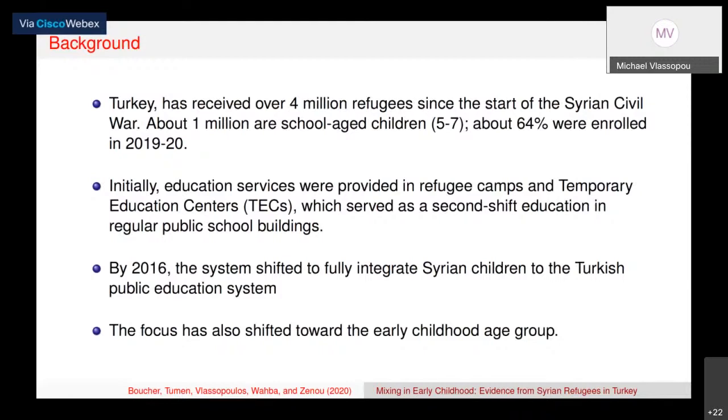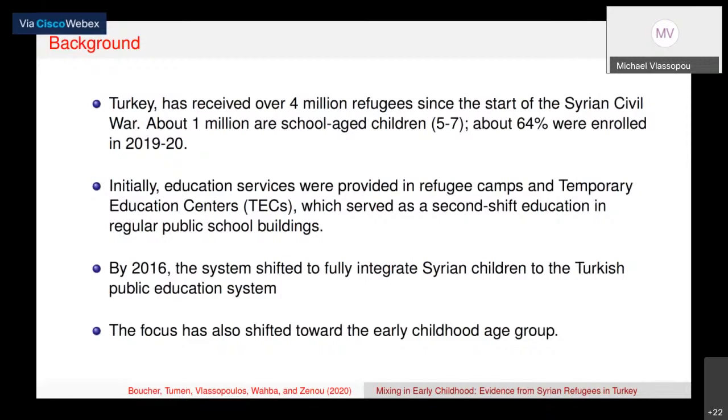In the first phase, these services were provided to refugee children in camps or in special centers that were set up. The crucial point here was that the initial approach was to keep the provision of education to refugees segregated from that of the Turkish kids. But that approach has shifted.